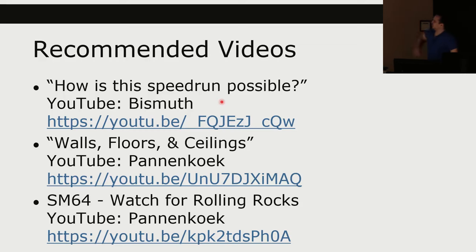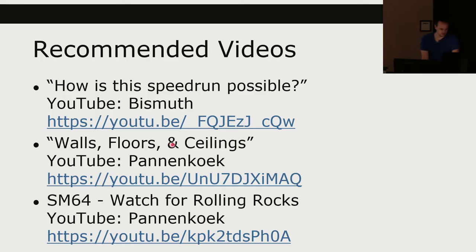So this first one is, Bismuth is a YouTuber who took the Super Mario Bros. 1 speedrun, which involves probably a dozen different glitches, and then explains the mathematics of all of them in a way that probably took him 2 months to make that video, right? I can't give you the same quality video as this person explaining those physics.